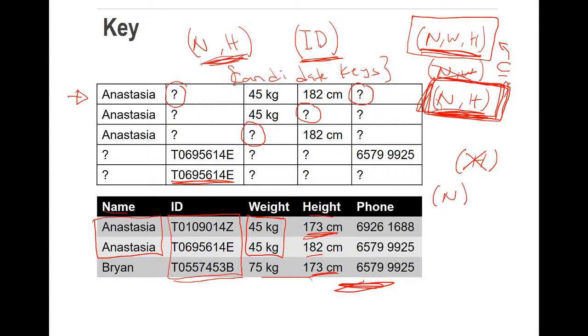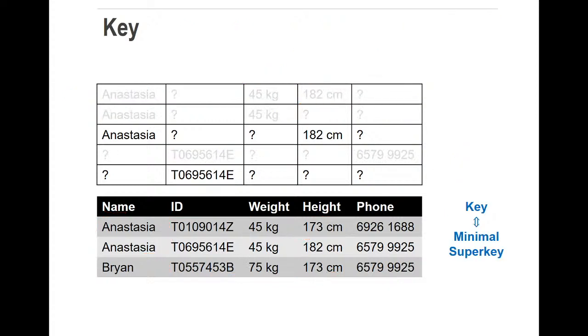If a problem that you are facing may have multiple keys, you can choose any one of them to be the primary key. And this is what I say, that the key is actually just a minimal super key.